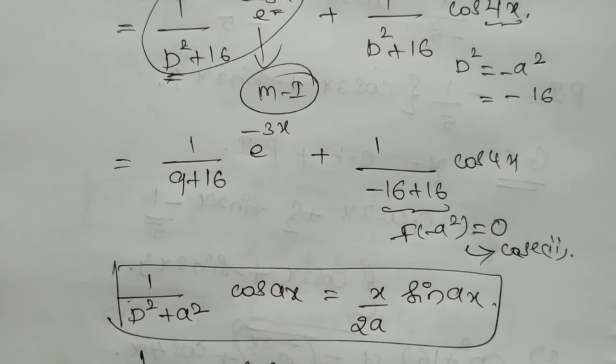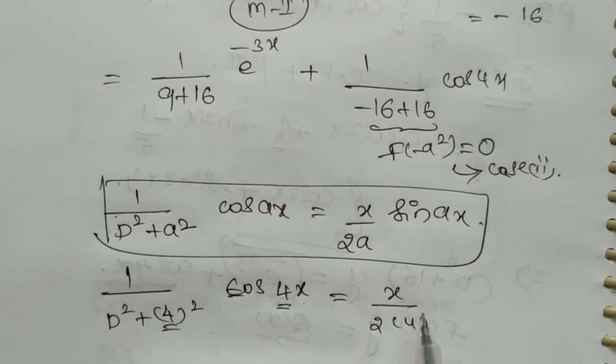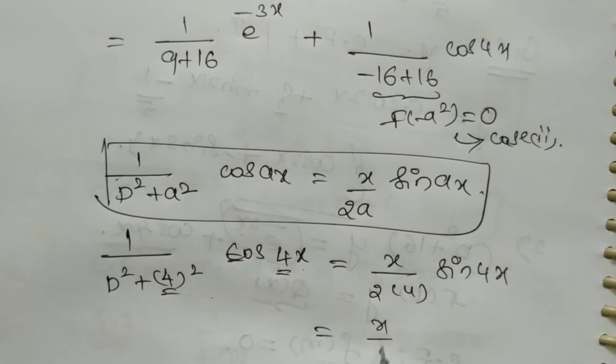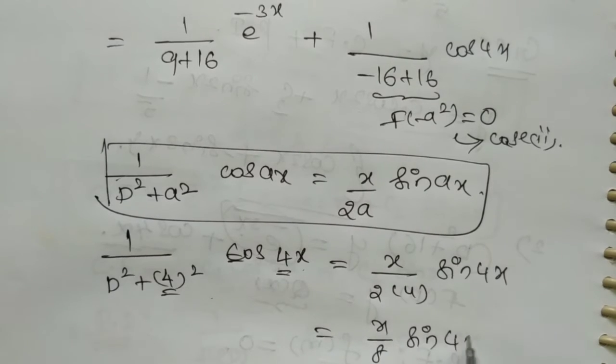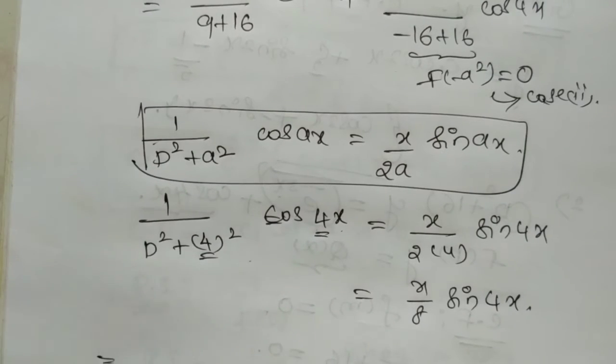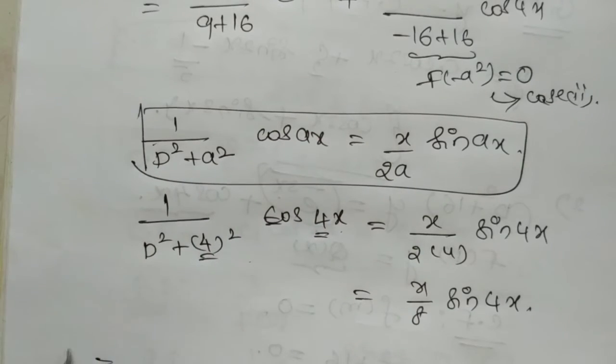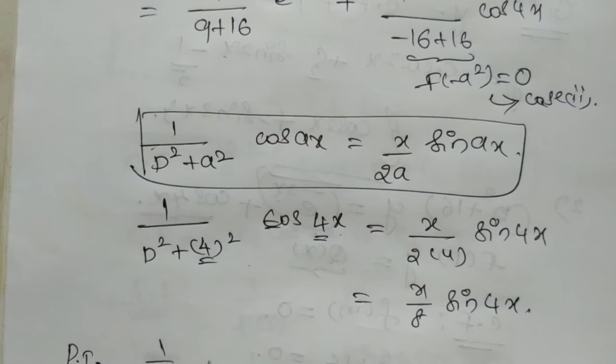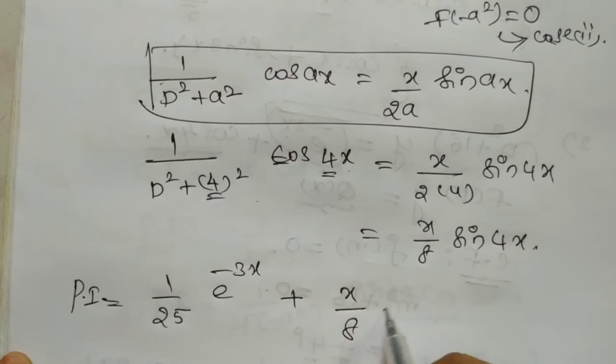So here a value is 4. So x by 2 into 4 sin 4x, so that is x by 8 sin 4x. So therefore our particular integral is 1 by (9 plus 16), 25, e power minus 3x plus x by 8 sin 4x.